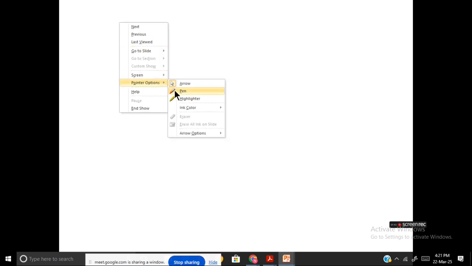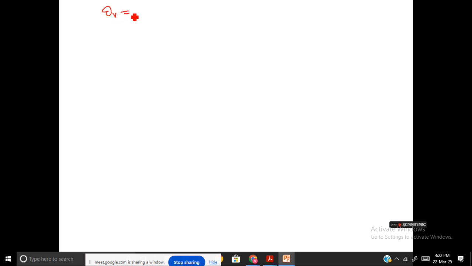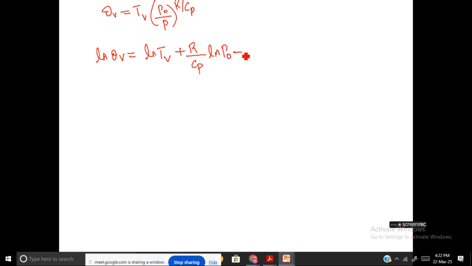Now, if we take logarithm on both sides, it will become log theta V is equal to log Tv plus R by Cp into log P0 minus R by Cp into log P.